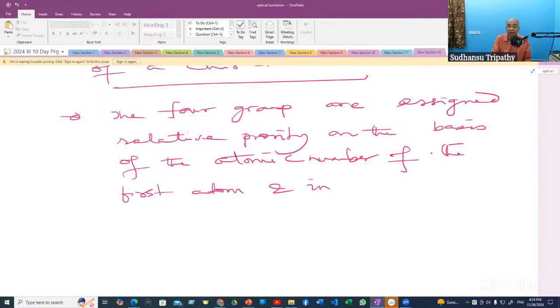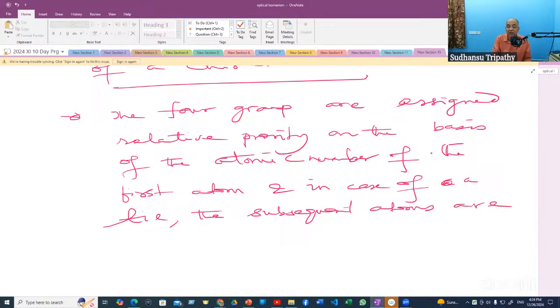And in case of a tie, the subsequent atoms are considered from higher to lower atomic numbers. I will explain everything.